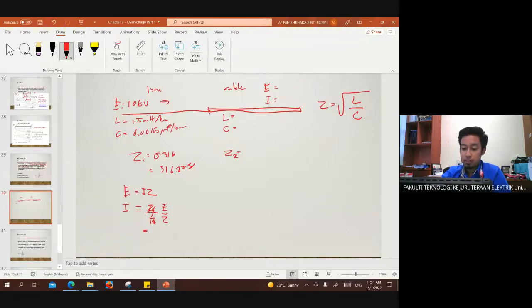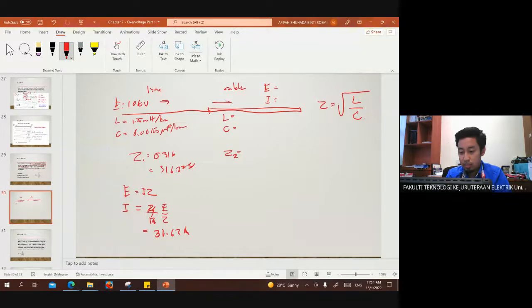E over Z, 10 kV over Z. Okay, right. 31.62 A. Okay, right. So sekarang ni kita dah dapat dah nilai dekat sini.